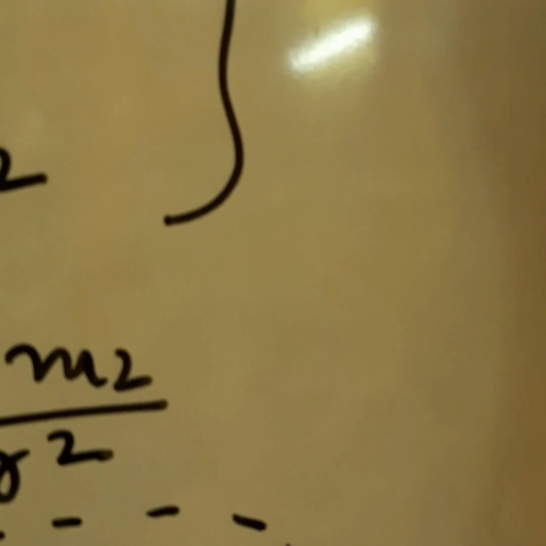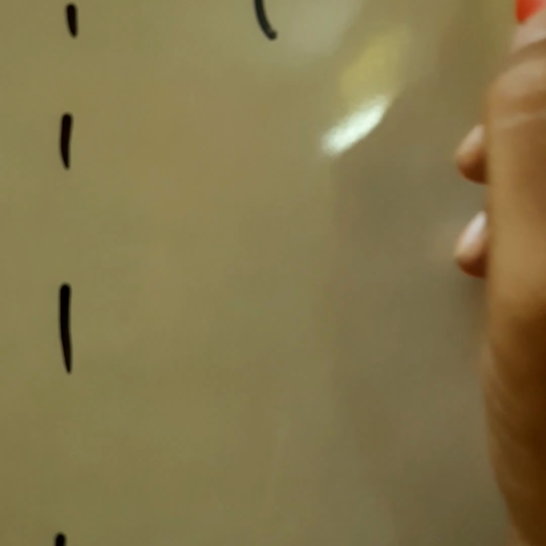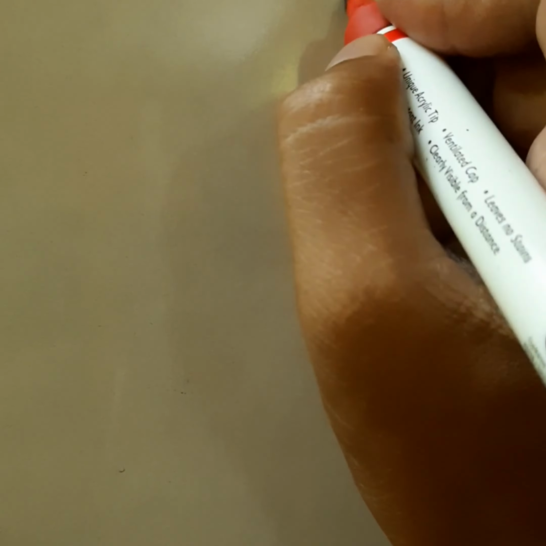What do you mean? Suppose we are getting G equal to, from the previous expression, F R square by M1 M2.